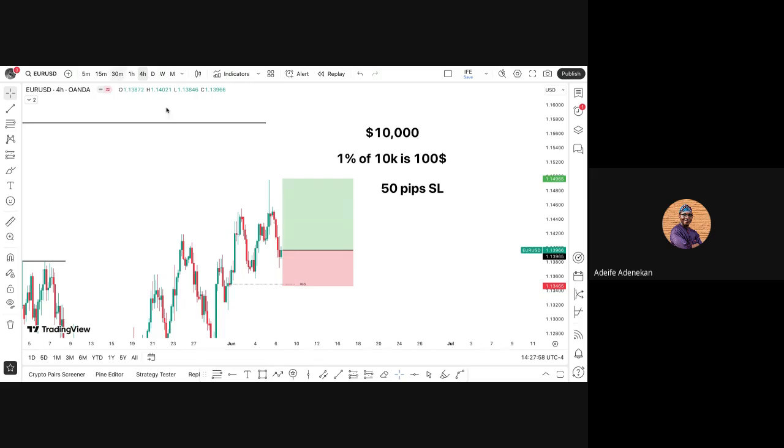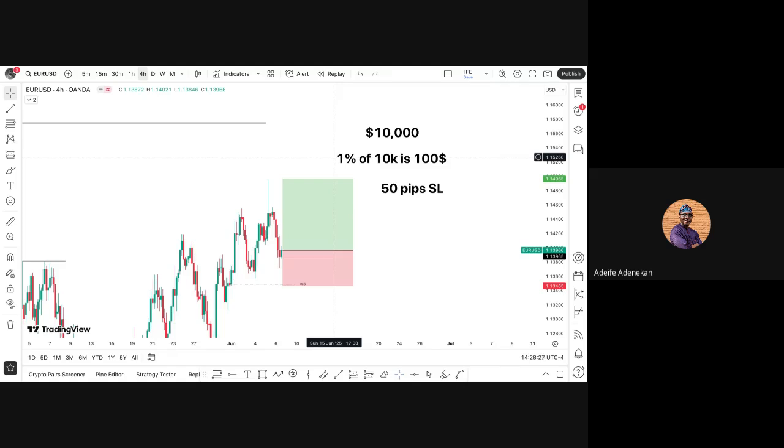So back to now, I have a $10,000 account. I don't want to risk more than 1% of that $10,000, which is $100, right? And then my stop loss is based on my analysis, 50 pips, sorry. So your question now will be, what lot size would I enter this trade with that will make me lose only $100 if it gets to 50 pips against me?